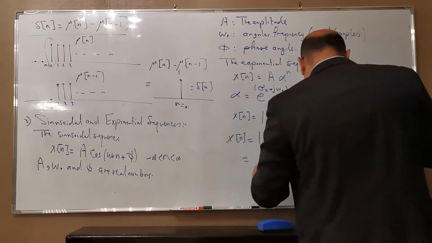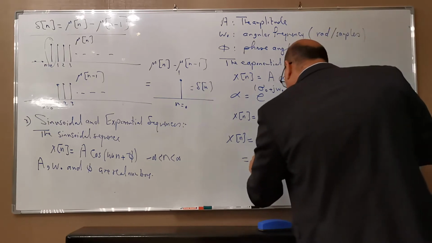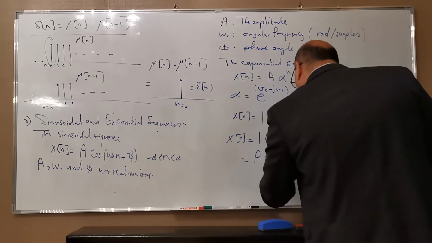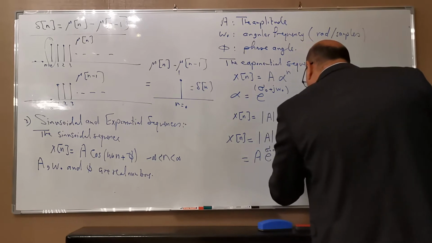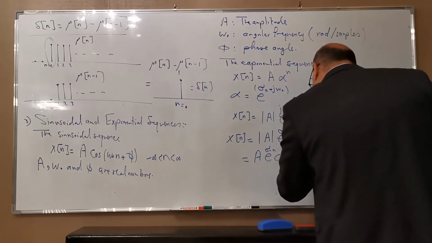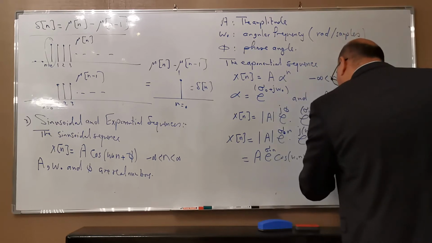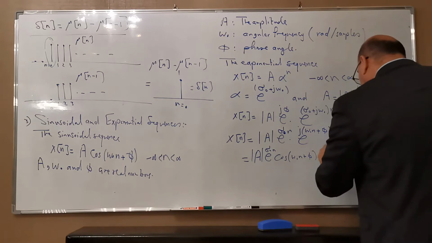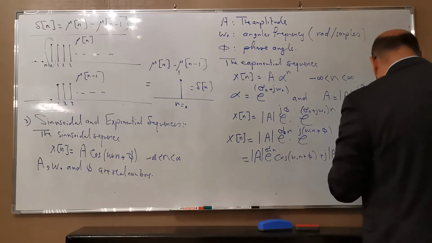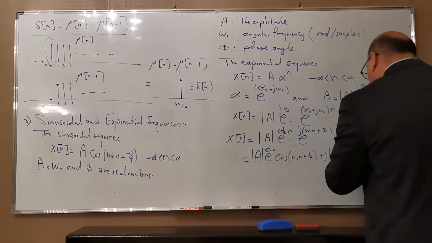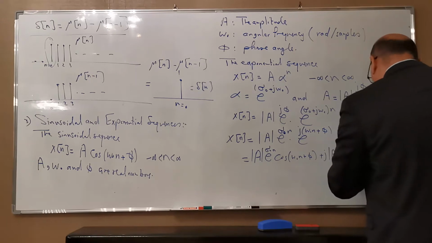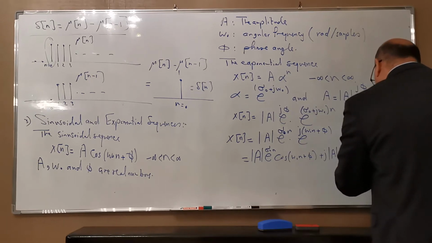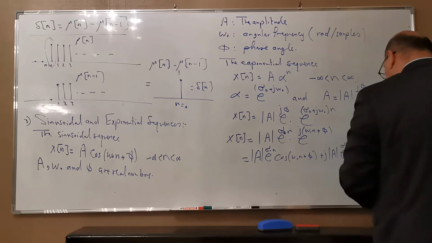So the real part is the magnitude of a e to the sigma 0 n cosine omega 0 n plus phi, plus j times the magnitude of a e to the sigma 0 n sine omega 0 n plus phi.